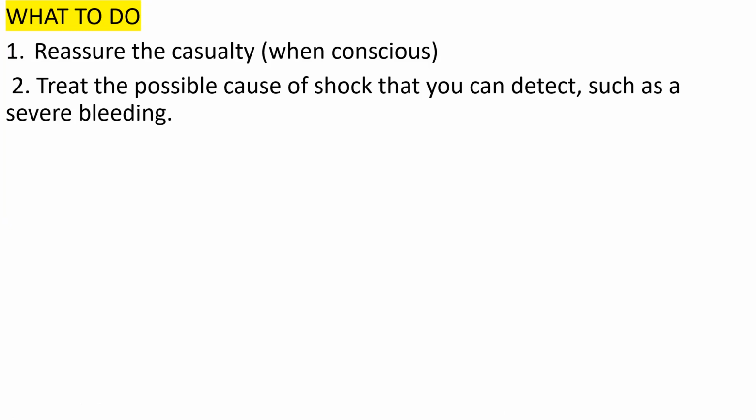What was the point that I taught you all when someone has excessive or severe bleeding, how you need to prevent or stop it? I have already taught you in the hemorrhage bleeding. Because the second point is treat the possible cause of shock that you can detect, such as severe bleeding. So how to say?